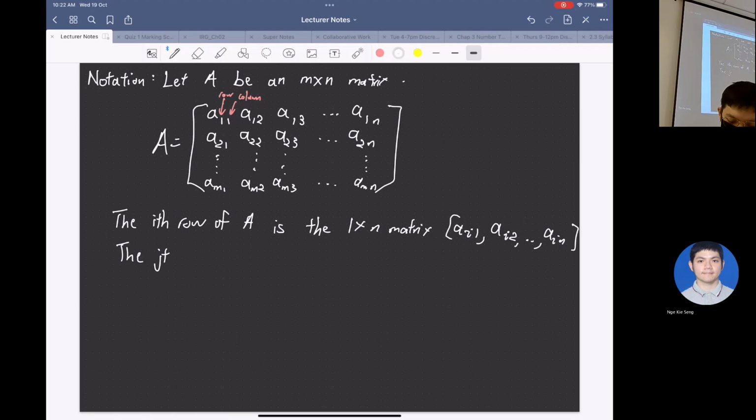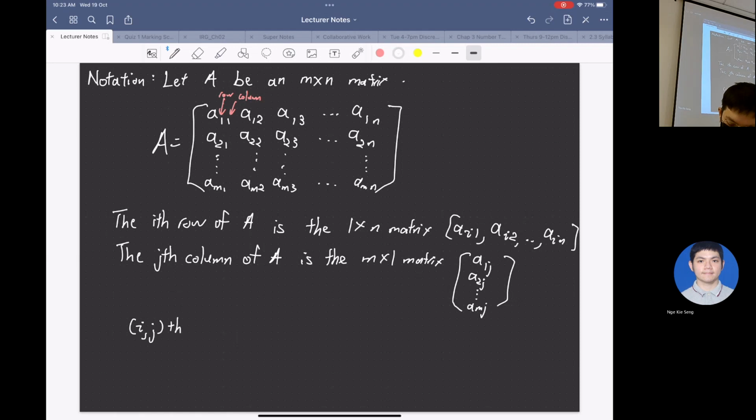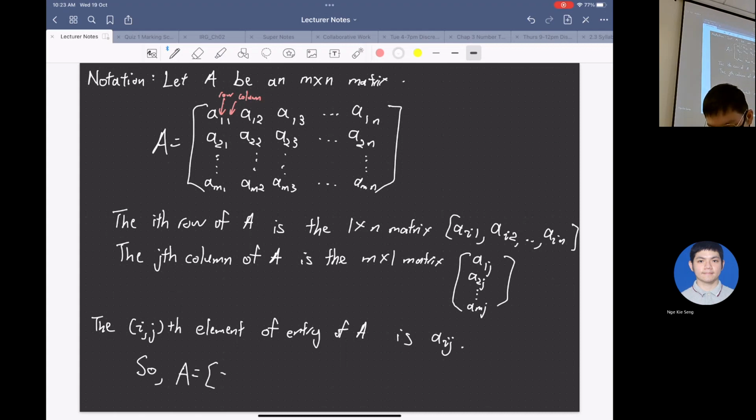And then the j-th column is a column matrix, which is an m by 1 matrix, a standing matrix: A1j, A2j, up to Amj. So compactly, the ij entry of A is Aij, and we can just write A equals the bracket Aij.